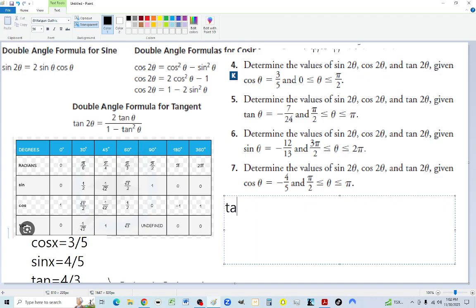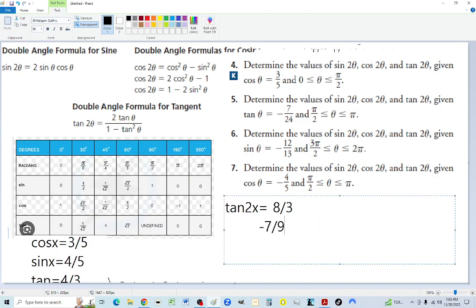And then tan 2x is going to be equal to 2 times tan x, which we know is 4 over 3, which means it's 8 over 3, all divided by 1 minus tan squared x, which is 4 over 3 squared, 16 over 9. And this is 9 over 9. So 9 minus 16 is minus 7 over 9.